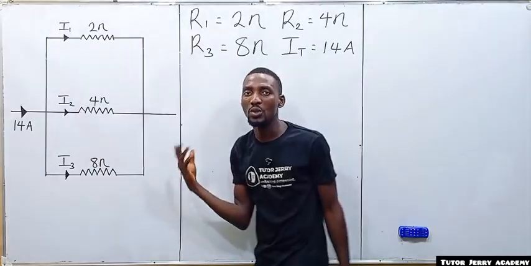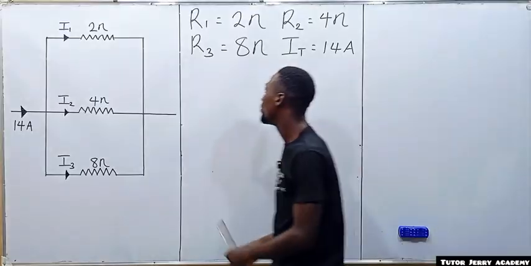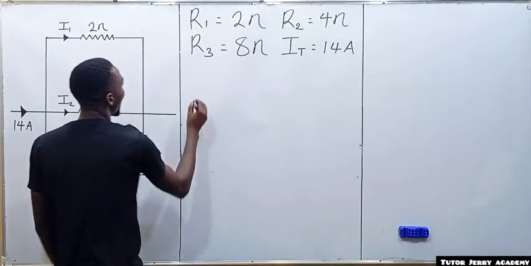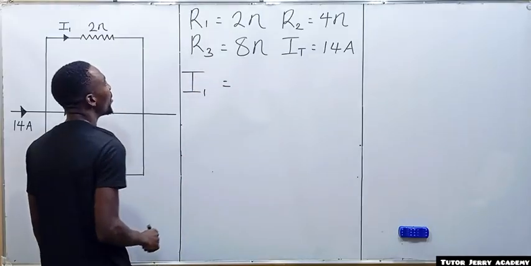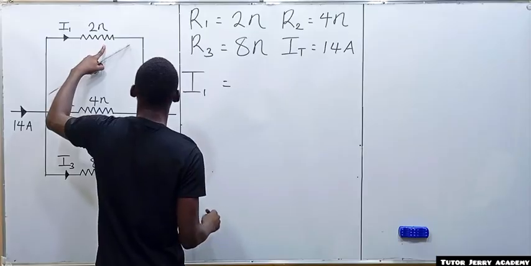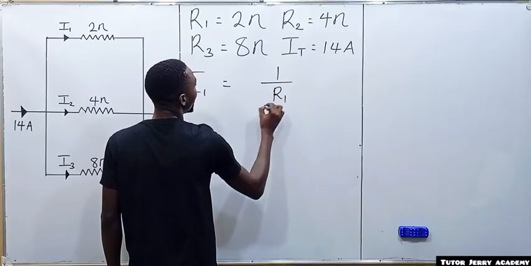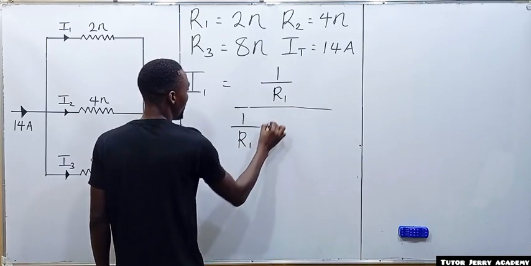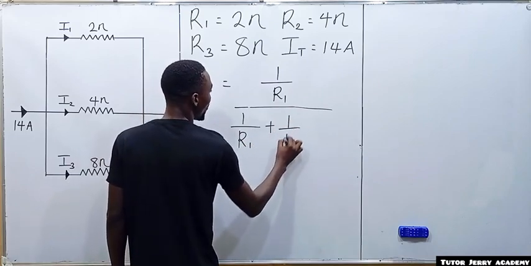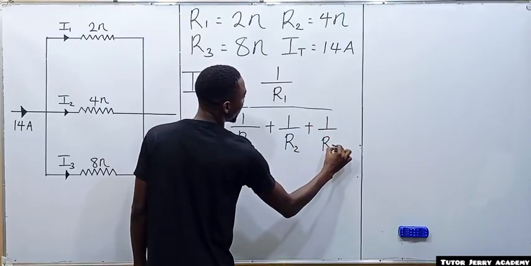But if we don't want to go through that process, there is a direct way of solving this. If we want to find I1, we are going to apply this formula. I1 will be equal to, the resistance that we want to find goes up here, 1 all over R1 all over 1 all over R1 plus 1 all over R2 plus 1 all over R3.